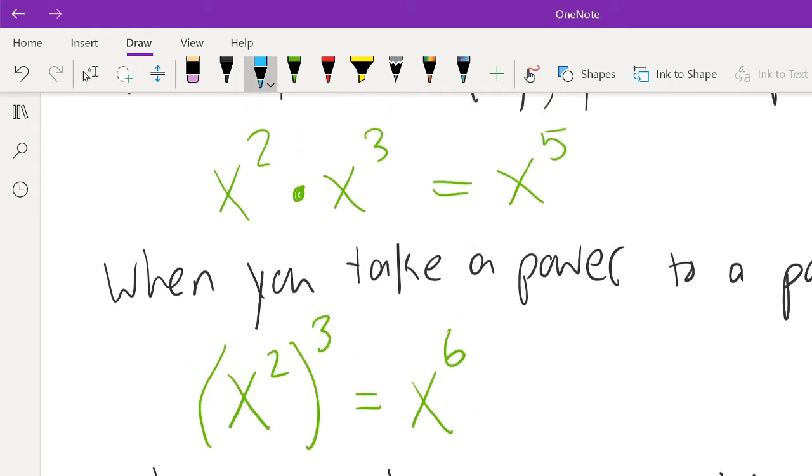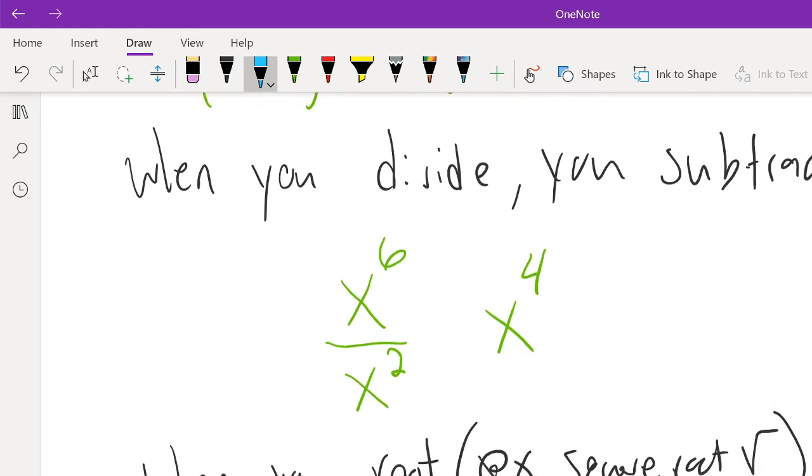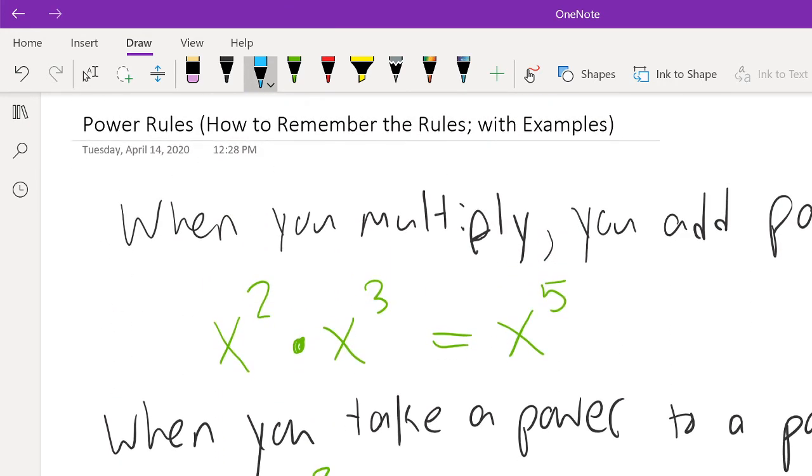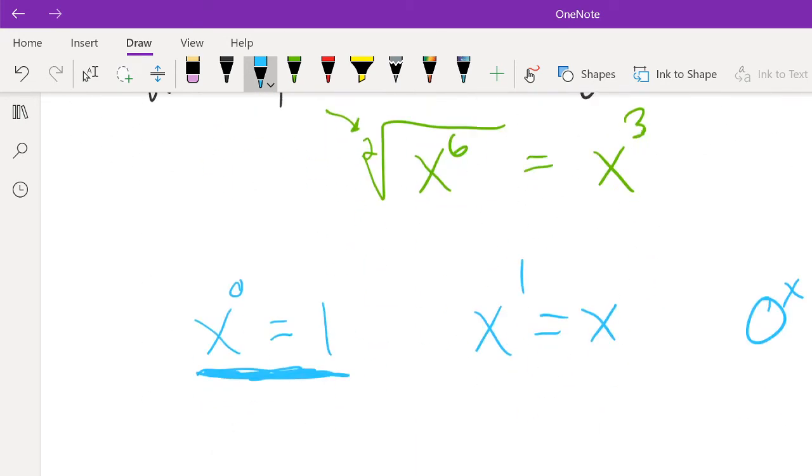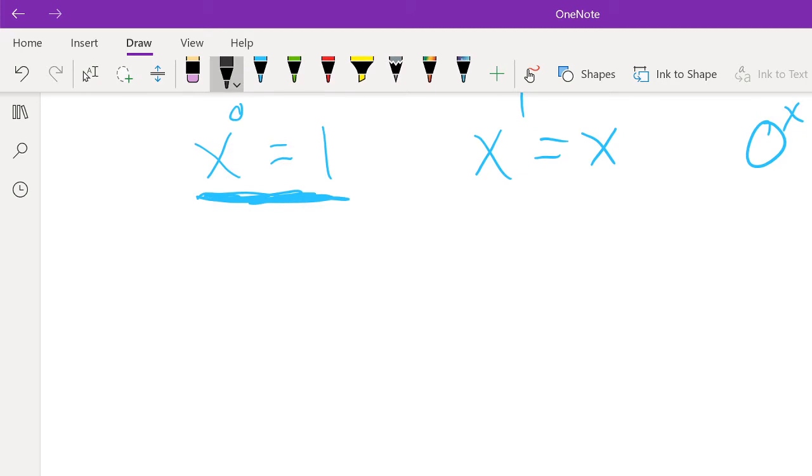There's a way to remember all 4 of these without really needing to remember each one individually, and that's because there's a pattern here. The pattern is, if you think about adding, like 2 plus 3.